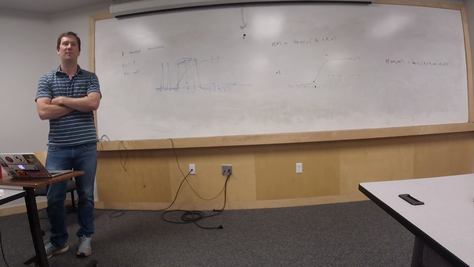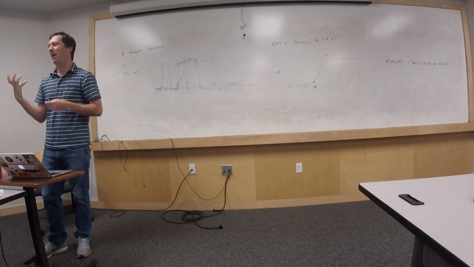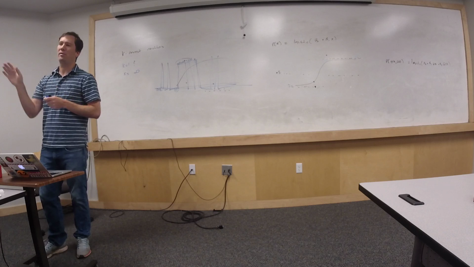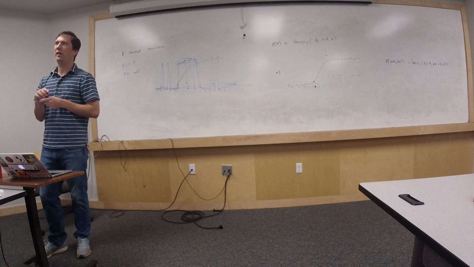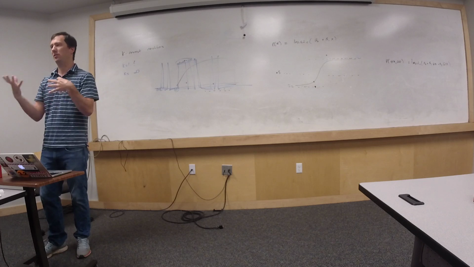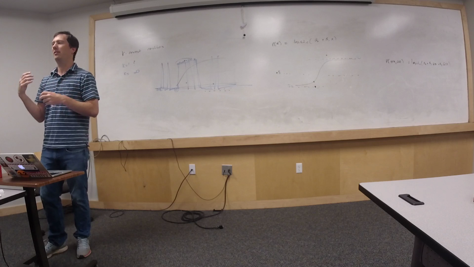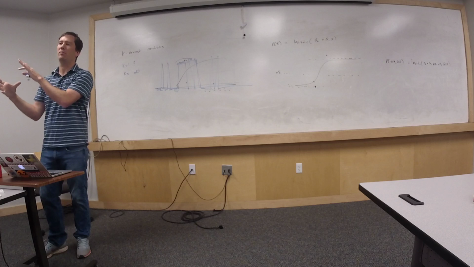So I'm trading off a nice mathematical compactness for expressivity, right? I can describe more complicated data, but to do a prediction, I need to store all of my input points.